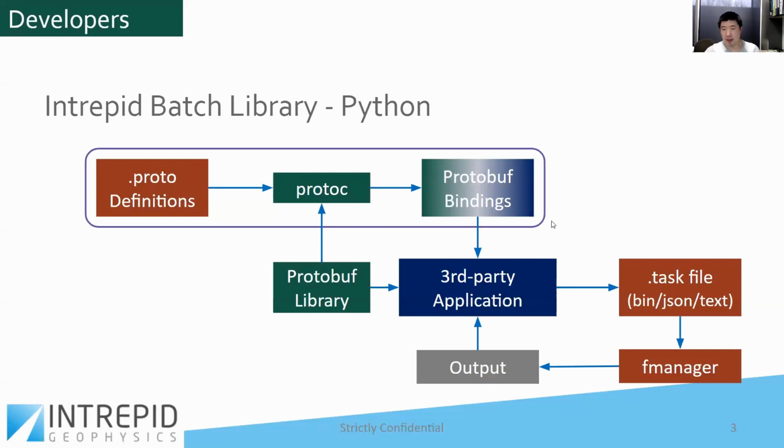And now for these third-party applications, you can use these protoc-generated Protobuf bindings libraries to generate the task files, and then send the task file to fmanager, which acts as a kind of dispatcher. And fmanager will find the appropriate Intrepid subroutines and executables to execute a certain task, and then get the output back and feed it back into your application.